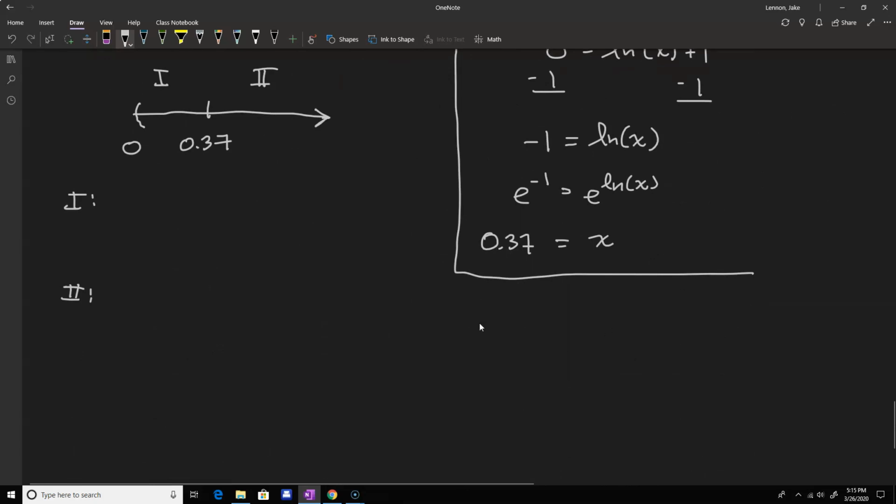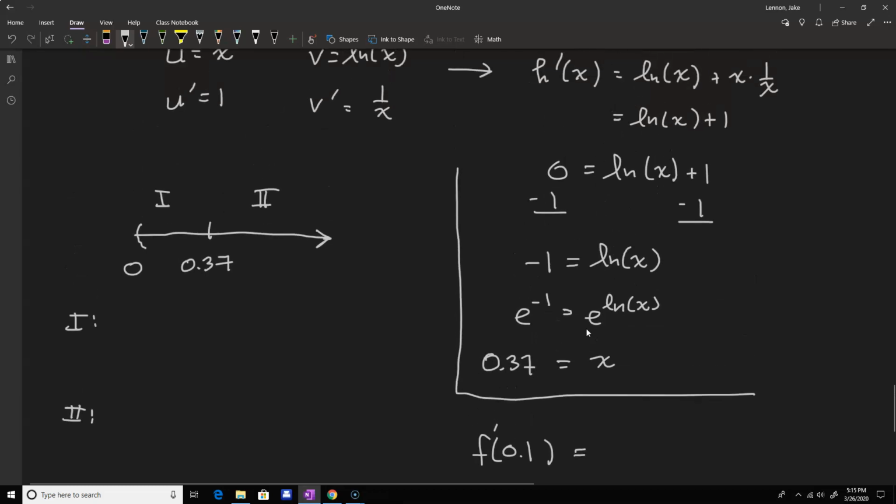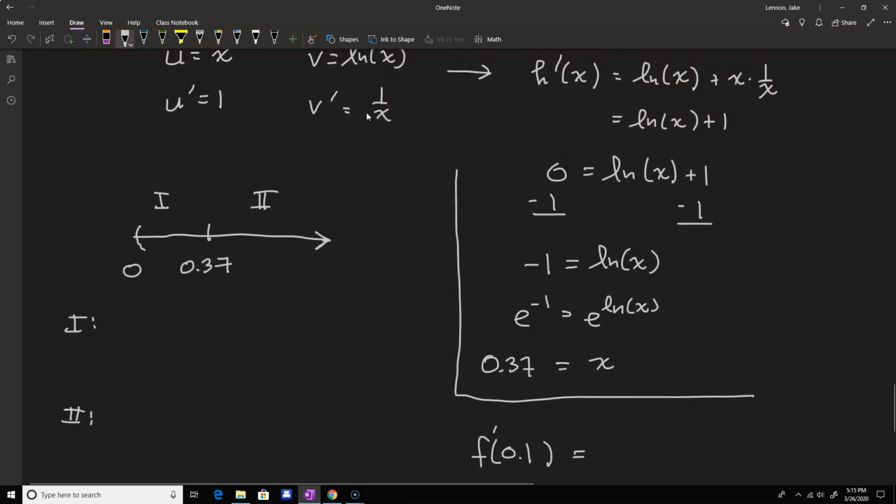So when we plug in our numbers, for region 1, we could plug in something like f prime of 0.1. Again, we need to plug this into the derivative. So the derivative function is the natural log of x plus 1, all the way back there, h prime, and I'm using f again, I should be using h, I'm sorry. So we need to delete that f and make it an h.